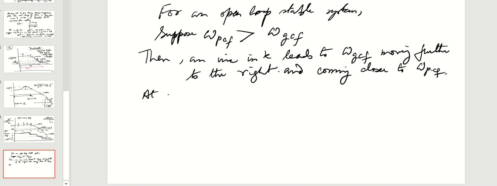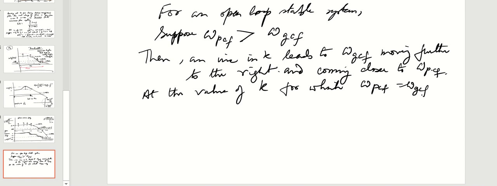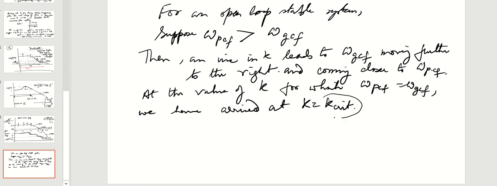So at the value of k for which omega PCF is equal to omega GCF, we have arrived at k equal to k critical. So this is the upper value of k.